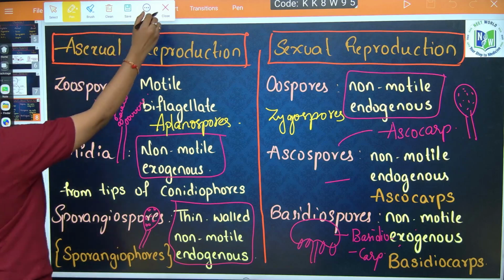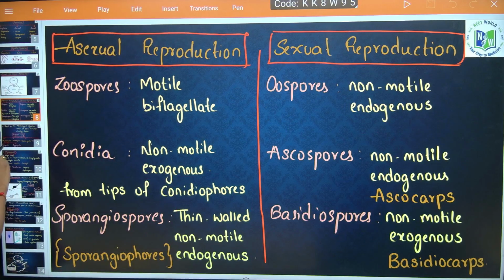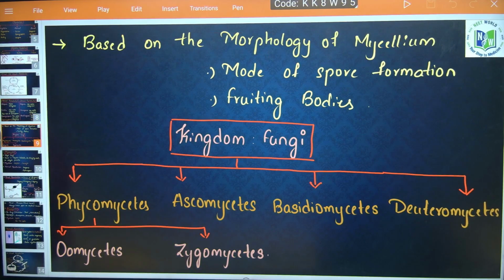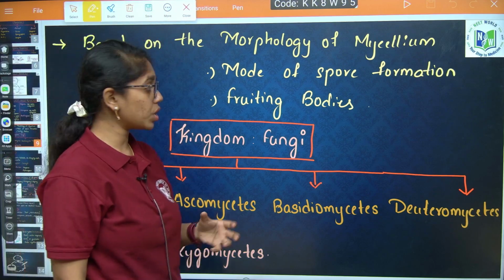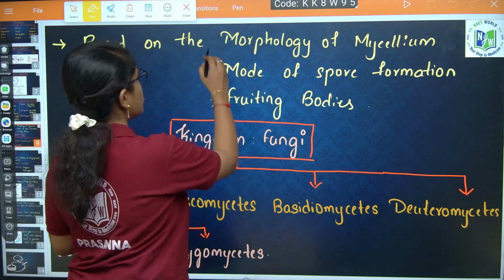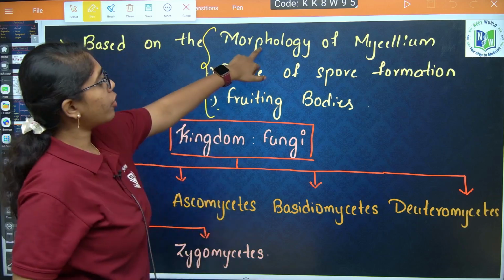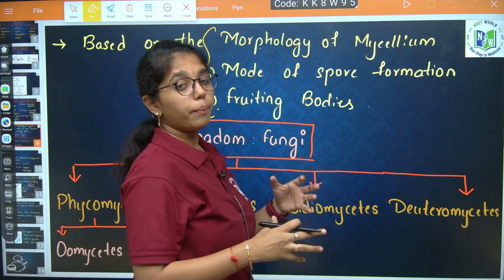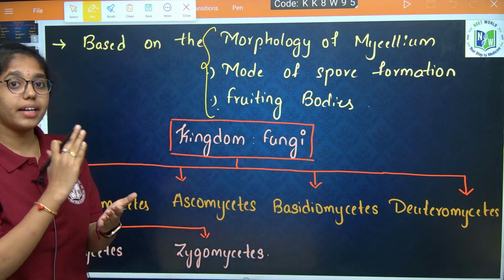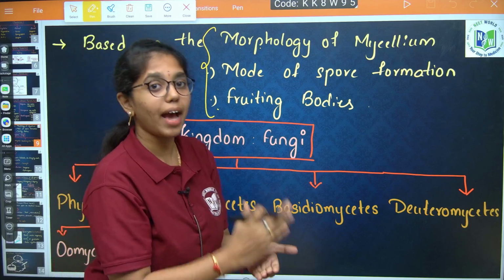Now, next, let us see the different classes of fungi. How are the different classes of fungi formed? Based on the morphology of mycelium, mode of spore formation and fruiting bodies. At the beginning we learnt the general characteristics, right? They exhibit great diversity in morphology and habitat.